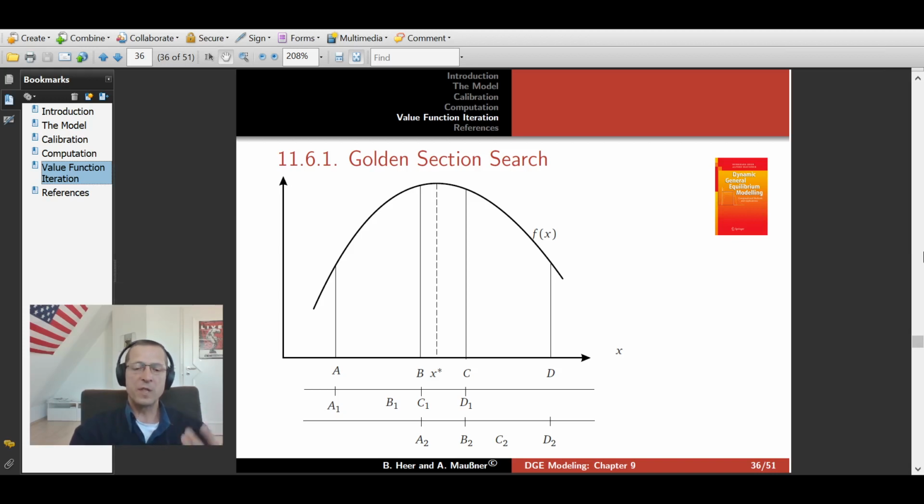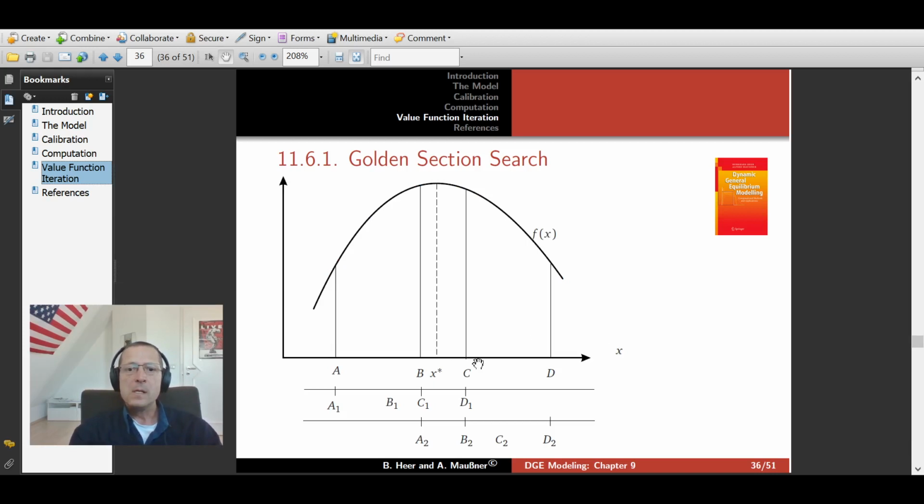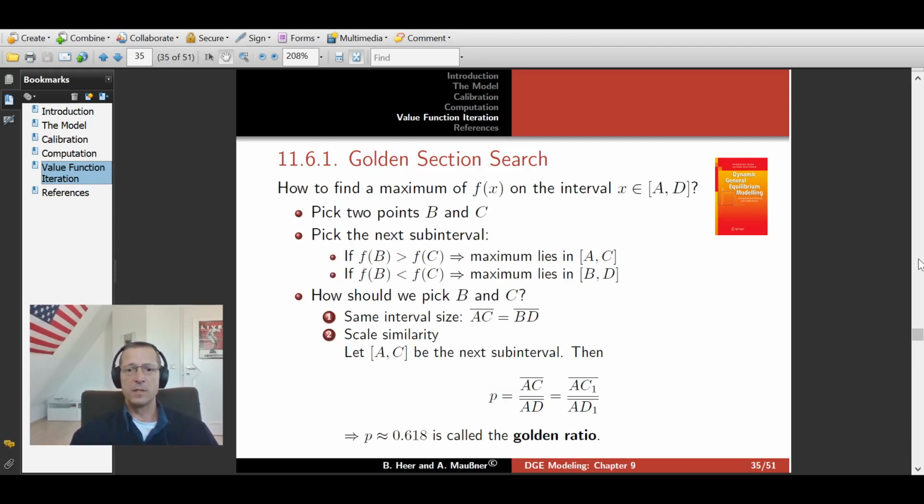When we impose these two restrictions on our procedure, we find that there is an optimal ratio of the distances a, d and a, c. This ratio is called the golden ratio, and it is equal to 0.618.